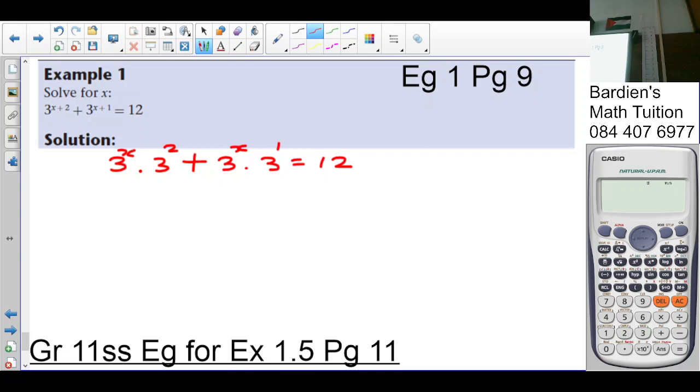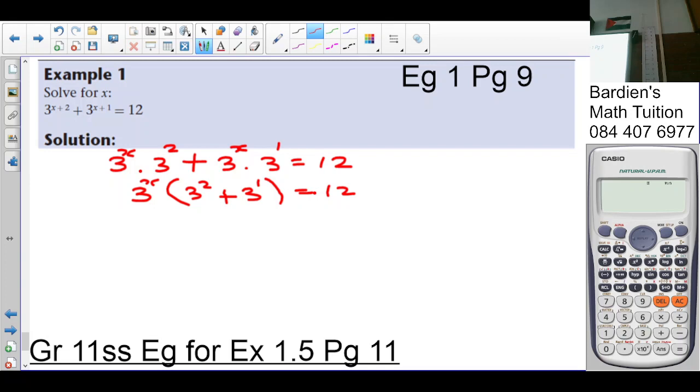What is now common? 3 to the x is common. Then what are we left with? 3 squared plus 3 to the 1.